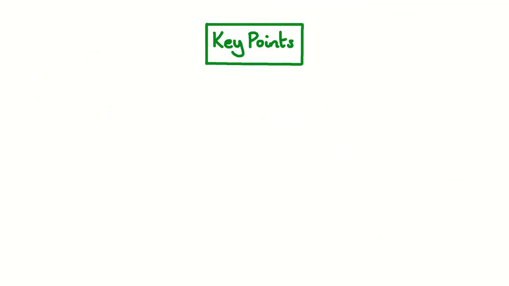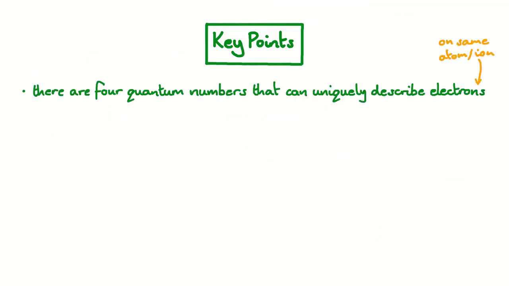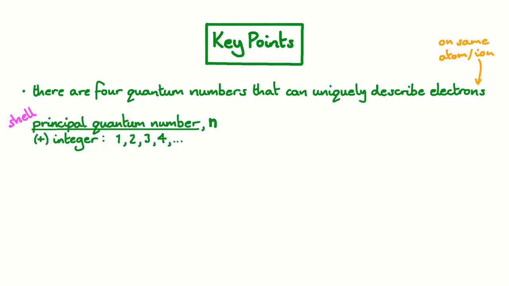Let's finish off with the key points. There are 4 quantum numbers that uniquely describe electrons on the same atom or ion. The first, the principal quantum number, has the symbol n, and it describes the shell. The principal quantum number can take the value of any positive integer, starting with the number 1.